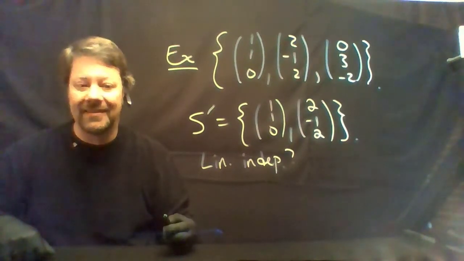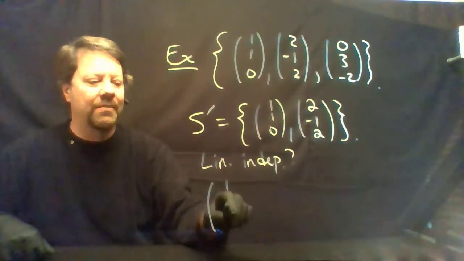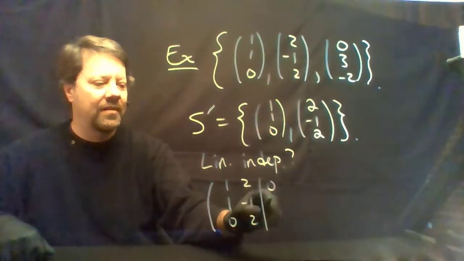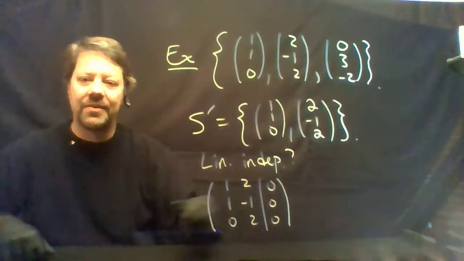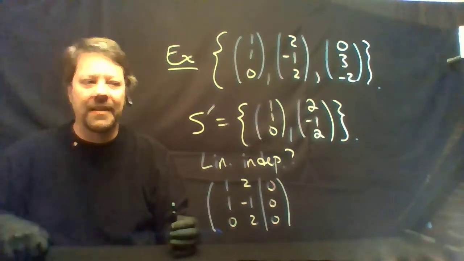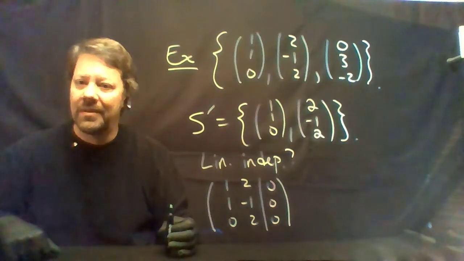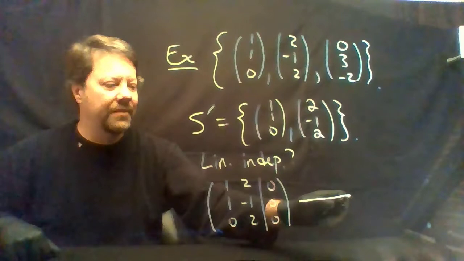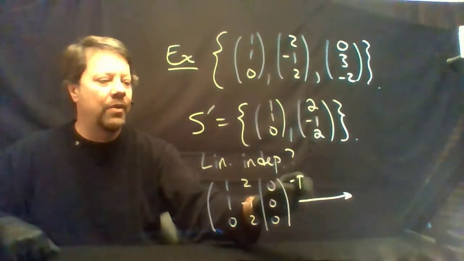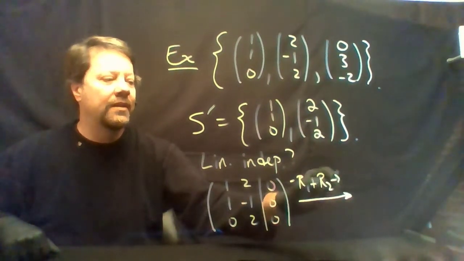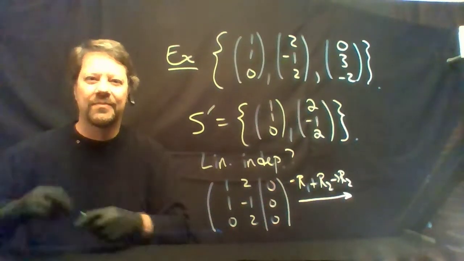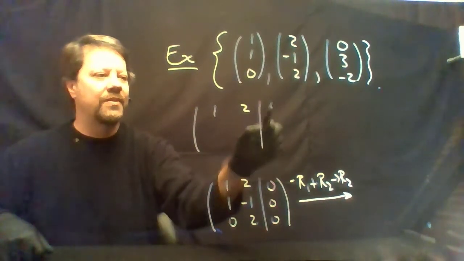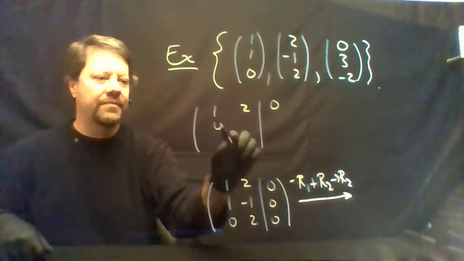Well, let's check. Let's put these into an augmented array with just zeros down the last column and see if the coefficients C1 and C2 must be 0. We'll perform an elementary row operation. Negative row 1 plus row 2 yields a new row 2. We obtain 1, 2, 0, 0.